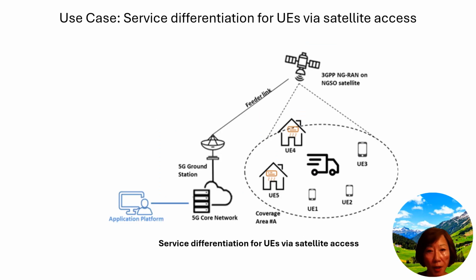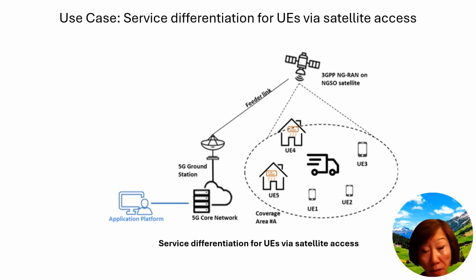The next use case is about service differentiation for UEs using satellite access. What are we looking at here? We have a 3GPP NG-RAN, next generation radio access network, on an NGSO satellite at the top of the image.